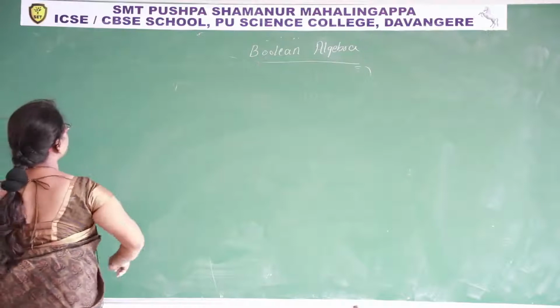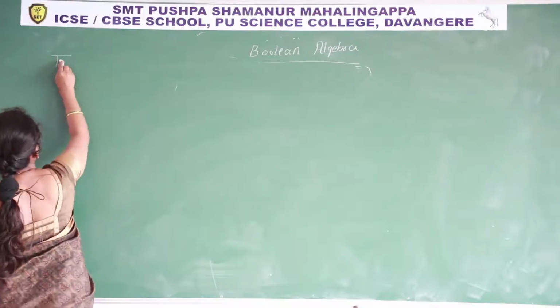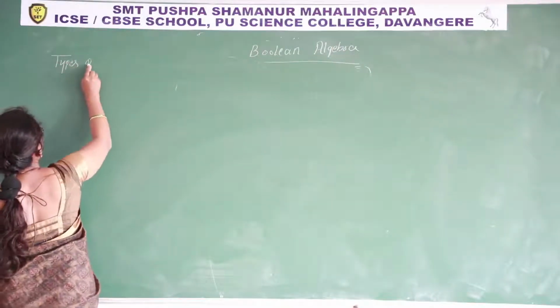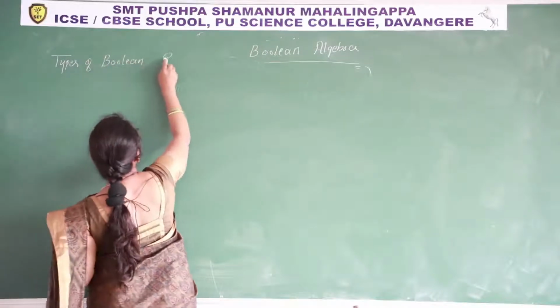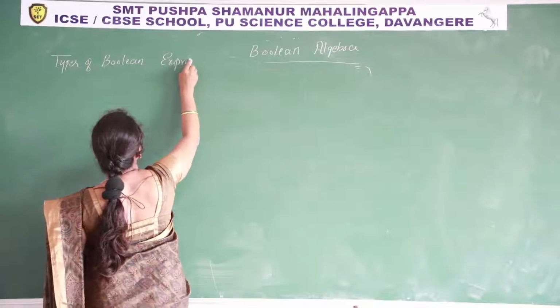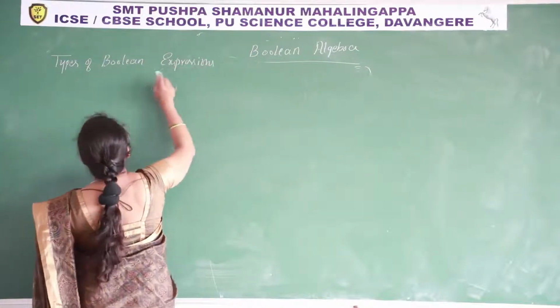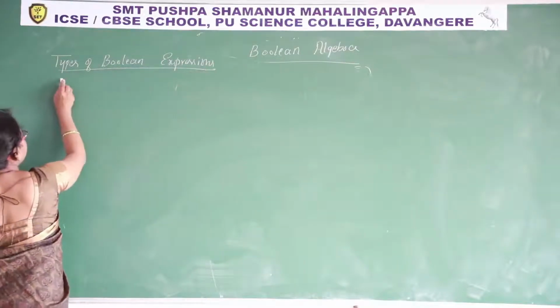Now, types of Boolean expressions. There are two types.